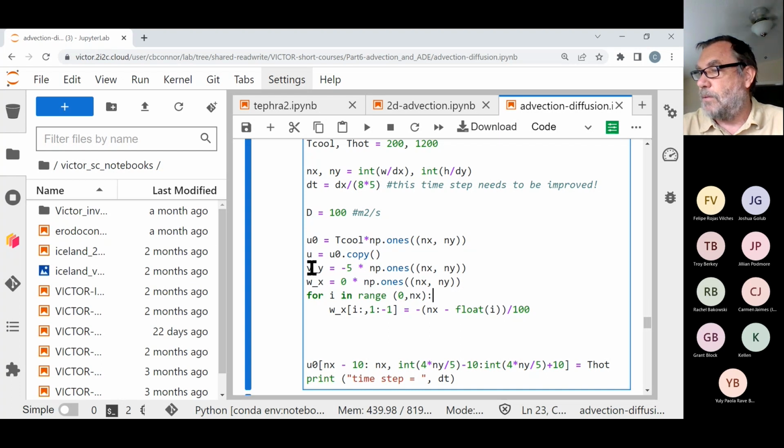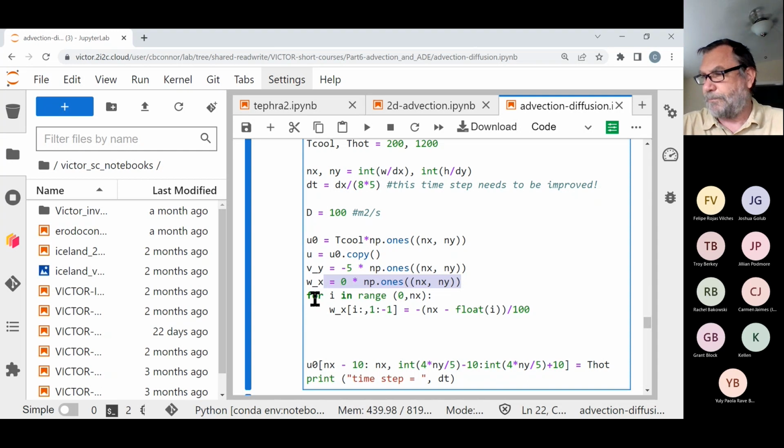Remember, before Vy was just equal to 5. Now it's -5 in an array of nx by ny, so I'm specifying it's -5 everywhere in the model domain. And I start out by specifying the horizontal velocity is 0 everywhere in the model domain, because I'm about to change it.